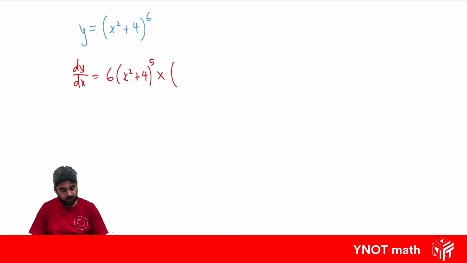So derivative of x squared, well, we'll bring the power to the front, and we minus 1 from the power, so we just get 1, and the derivative of 4 is 0. And that's all we get, and we can just tidy this up by multiplying our 6 with our 2x to give us 12x outside of (x squared plus 4) to the power of 5.